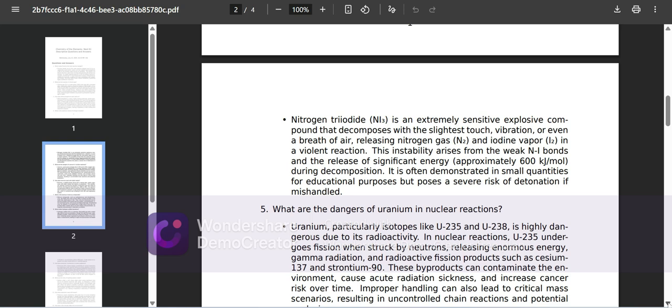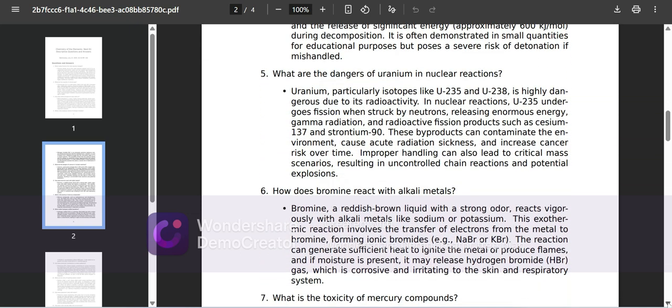This instability arises from the weak iodine bonds and the release of significant energy, approximately 600 kilojoules per mole during decomposition. It is often demonstrated in small quantities for educational purposes, but poses a severe risk of detonation if mishandled.